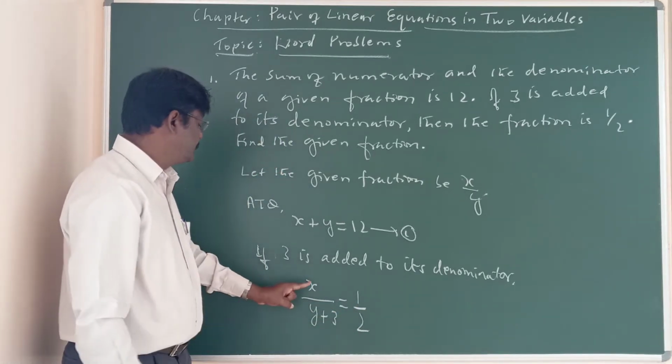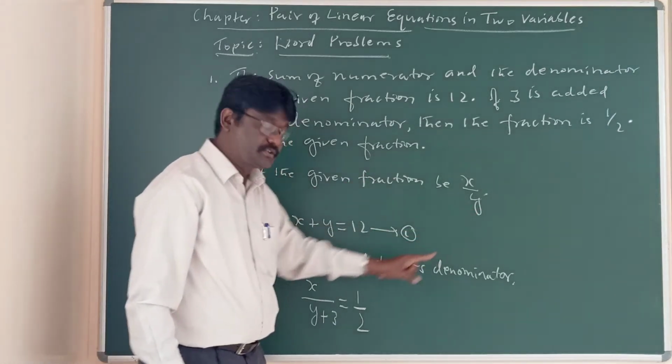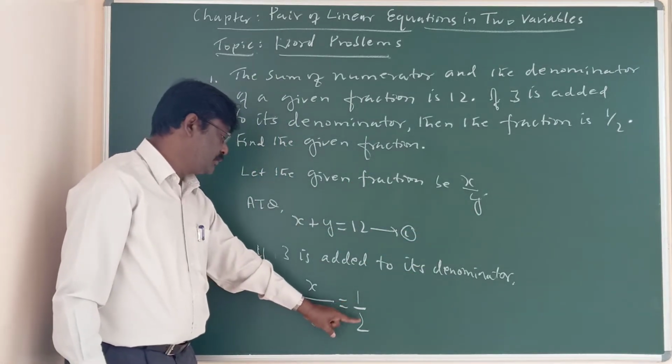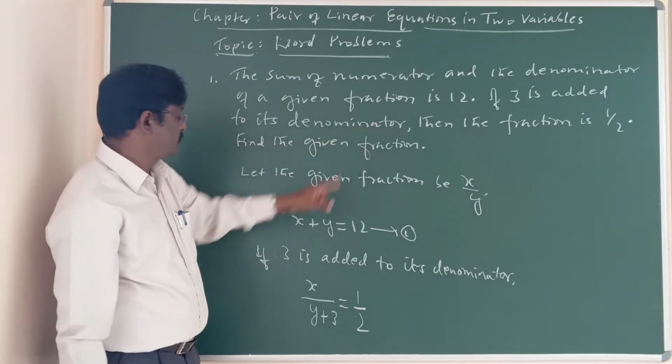Got it? If 3 is added to the denominator, then we get 1 by 2.